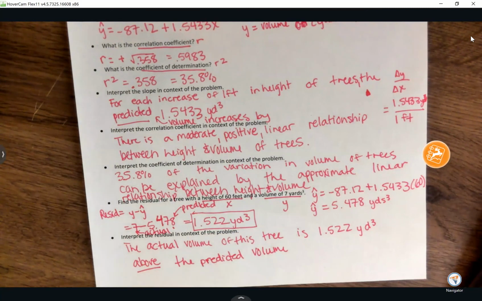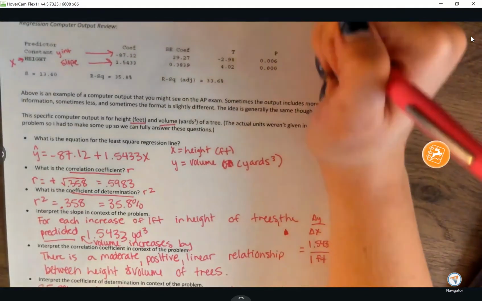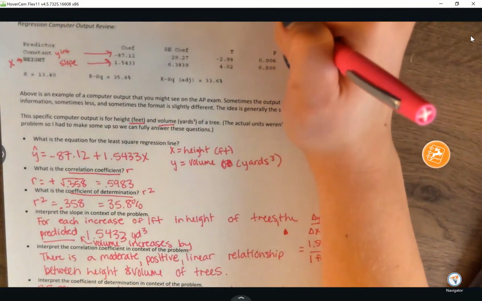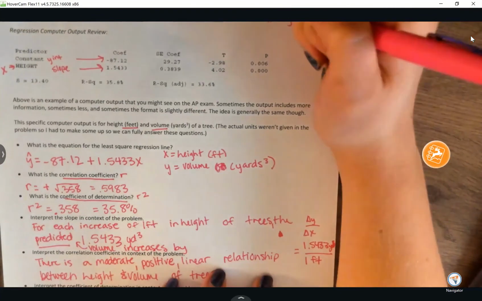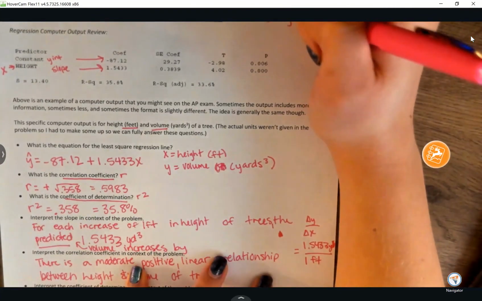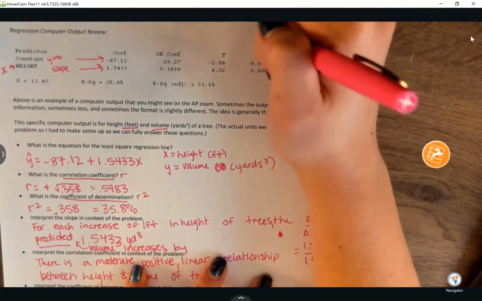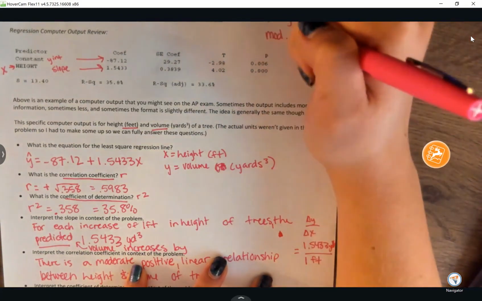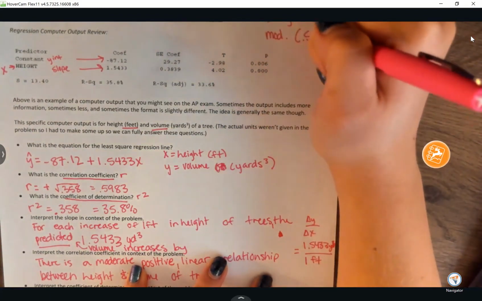There you go. So you can rewatch this if you need to. You can ask questions. You can email your teacher. Remember, this should be in here. Strong is between 0.8 and 1. Moderate is between 0.5 and 0.8.